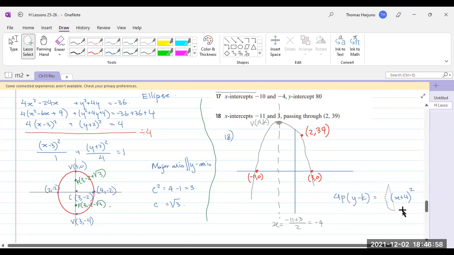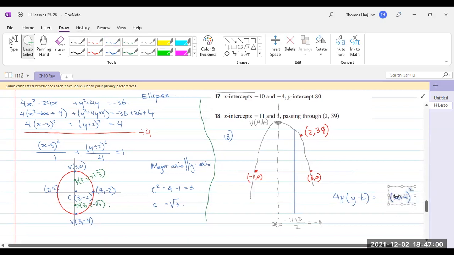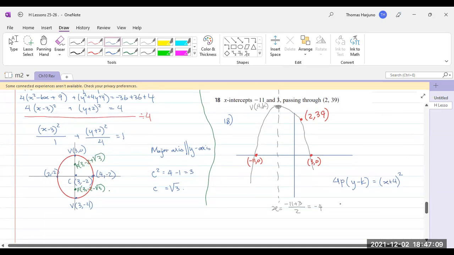It must look like that. We need to find the k, and we also need to find the p, right? What do we know from this information? We know that (-11, 0) and (3, 0) are x-intercepts, so it passes through (3, 0).